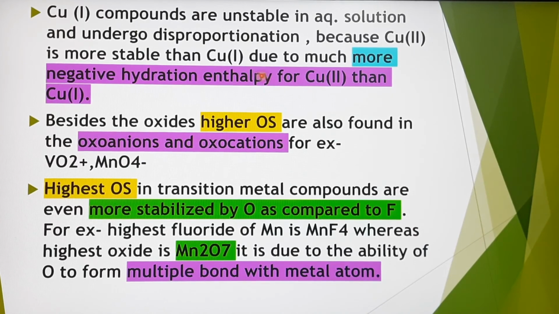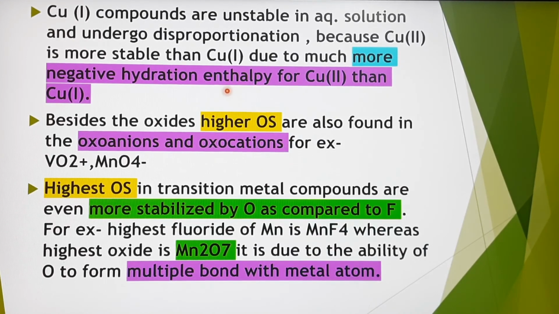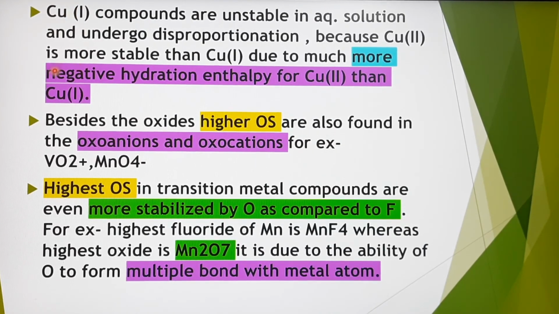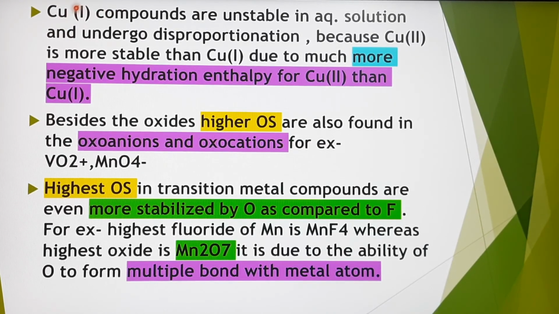That's why copper +2 ions are more stable as compared to copper +1 ion. Compounds of copper in the +1 state are less stable; although the configuration is completely filled in copper +1, yet it is unstable because of less negative hydration enthalpy of copper +1.